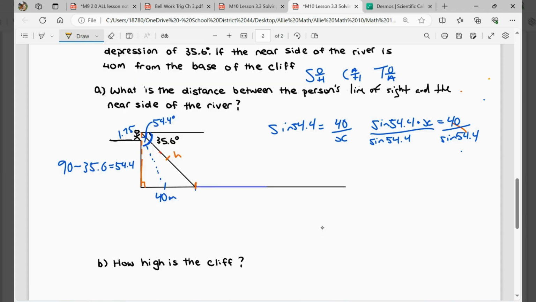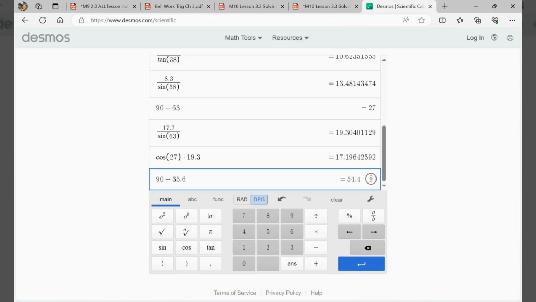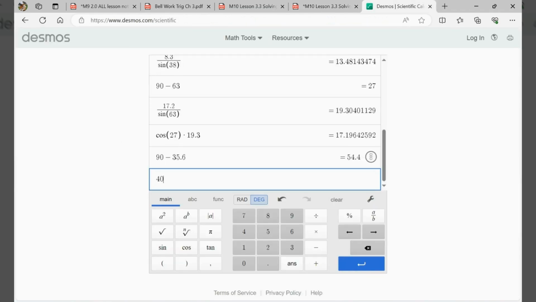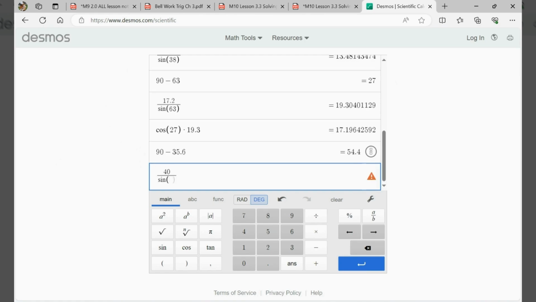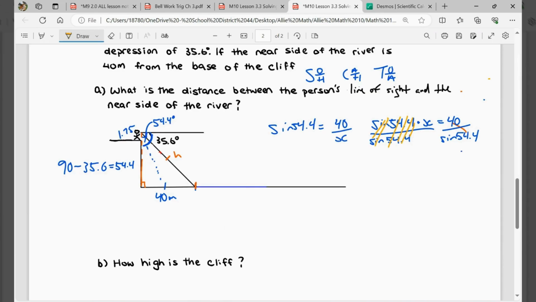This becomes 1, so we get rid of that, and we're left with x equals 40 divided by sine 54.4. So let's go 40 divided by sine 54.4, which is 49.2, let's say. So x equals 49.2 meters. That's our hypotenuse right there.